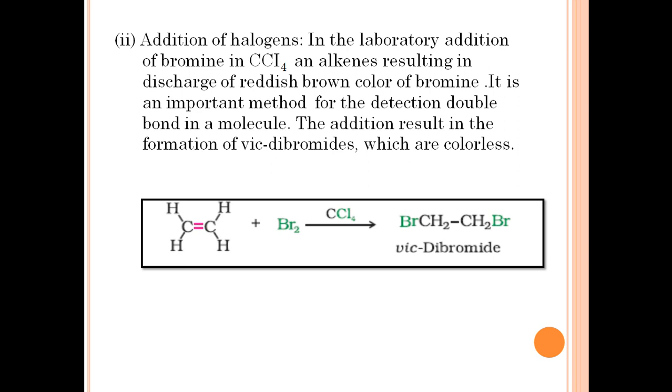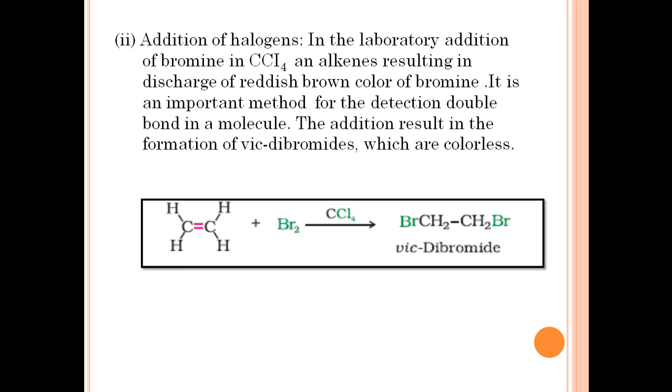It is an important method for the detection of a double bond in a molecule, or we can say it is a test of unsaturation, where the double bond is present in a molecule, the bromine is attached on the adjacent carbon atoms and the brown color of bromine disappears. So this can be used to detect the unsaturation in a molecule in the laboratory. The addition results in the formation of vicinal dibromides which are colorless.